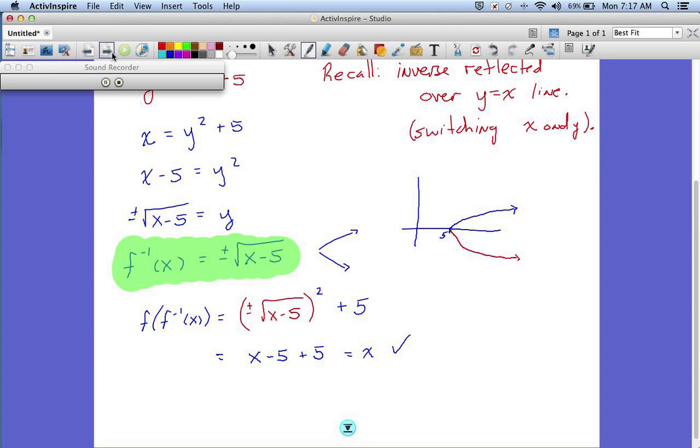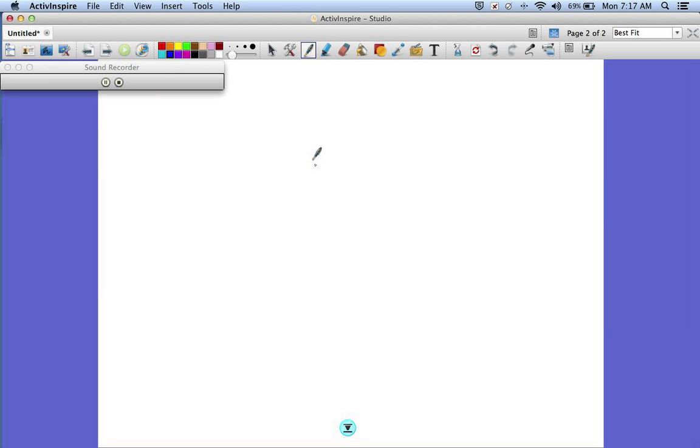Let's try one more example here of inverse functions. Let's say f of x is equal to 4x minus 5. Again, recall f of x is the same as y. So I will simply switch my x with my y and resolve.